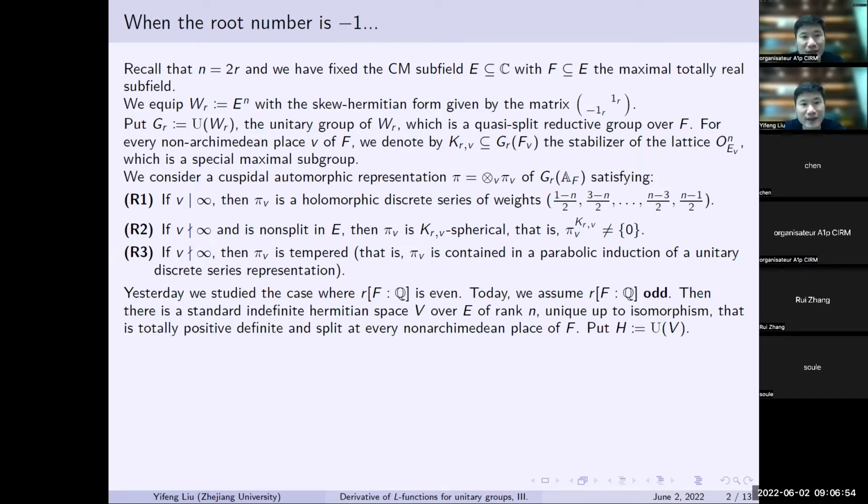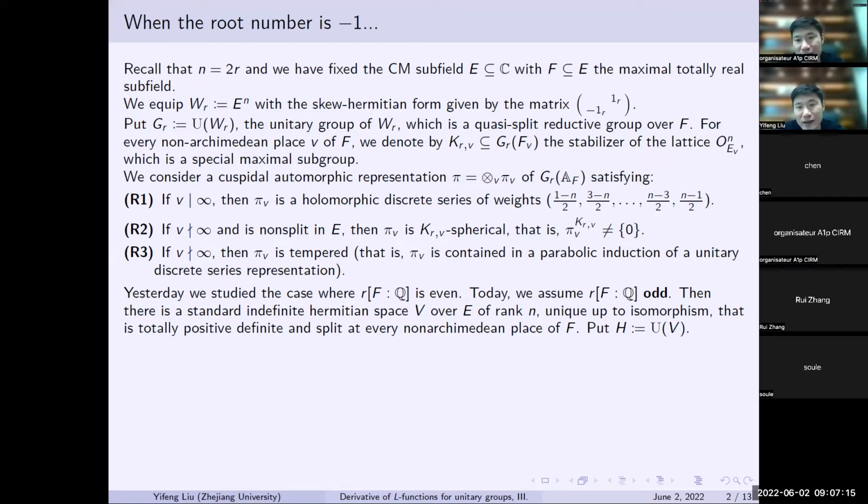And yesterday we studied the case where r times the degree of F is even. This is equivalent to saying that the root number is +1. Today we assume that r times the degree of F is odd. That is, the root number is -1.